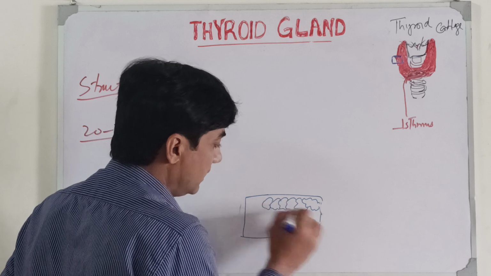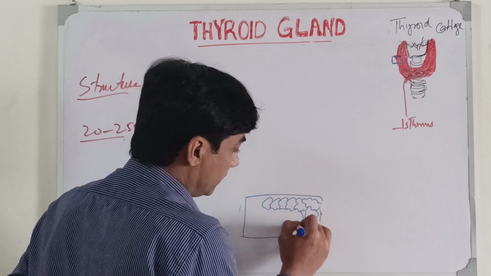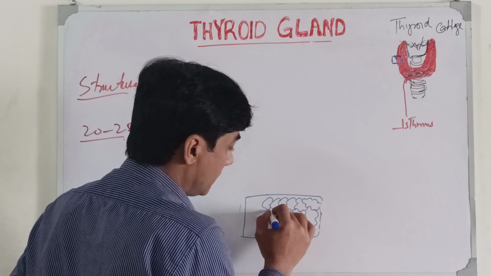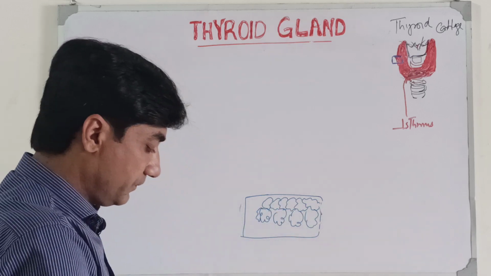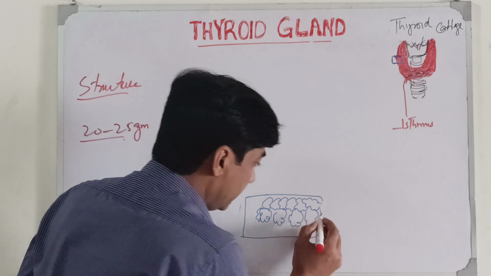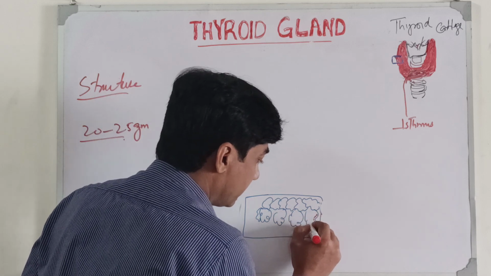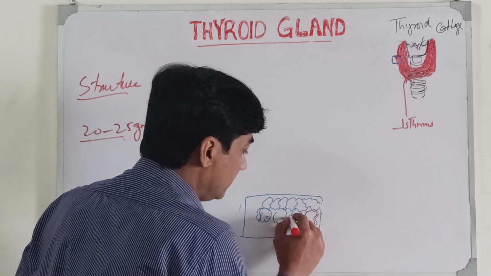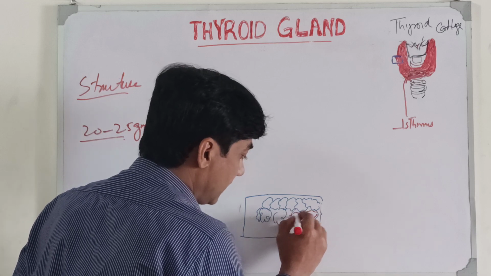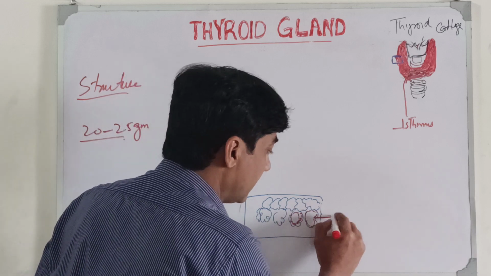These sacs are called thyroid follicles. The lining of these follicles contains different epithelial cells. These cells are called follicular cells.